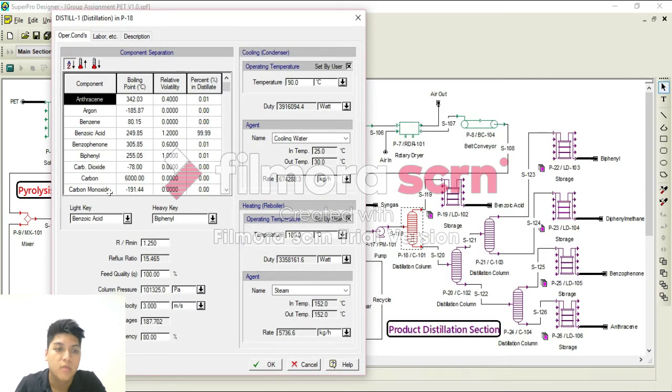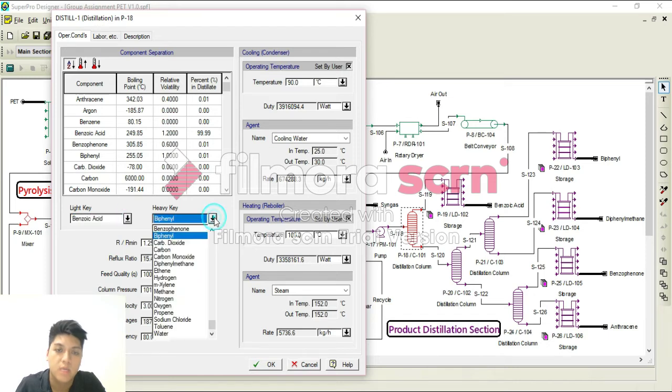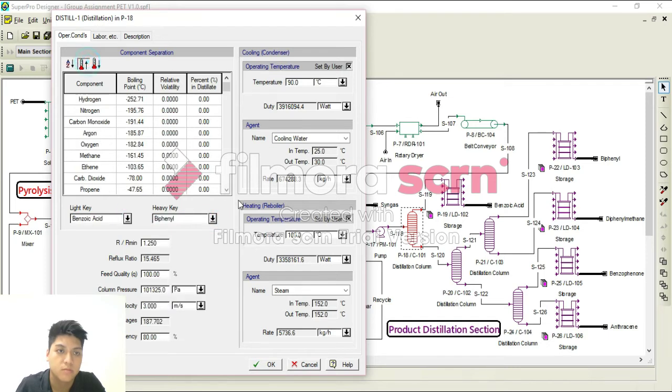Therefore, benzoic acid was set to be the light key, whereas biphenyl was set to be the heavy key based on the boiling point. Benzoic acid was set to have relative volatility of 1.2 with 99.99% in distillate, whereby biphenyl, diphenylmethane, benzophenone, and anthracene were set to have relative volatility of 1, 0.8, 0.6, 0.4 respectively, with 0.01% in distillate.